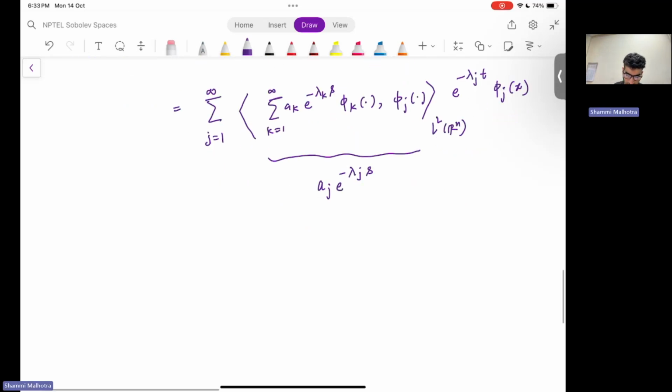So this will give me summation J from 1 to infinity A_J e^(-lambda_J s) e^(-lambda_J t) phi_J(x).